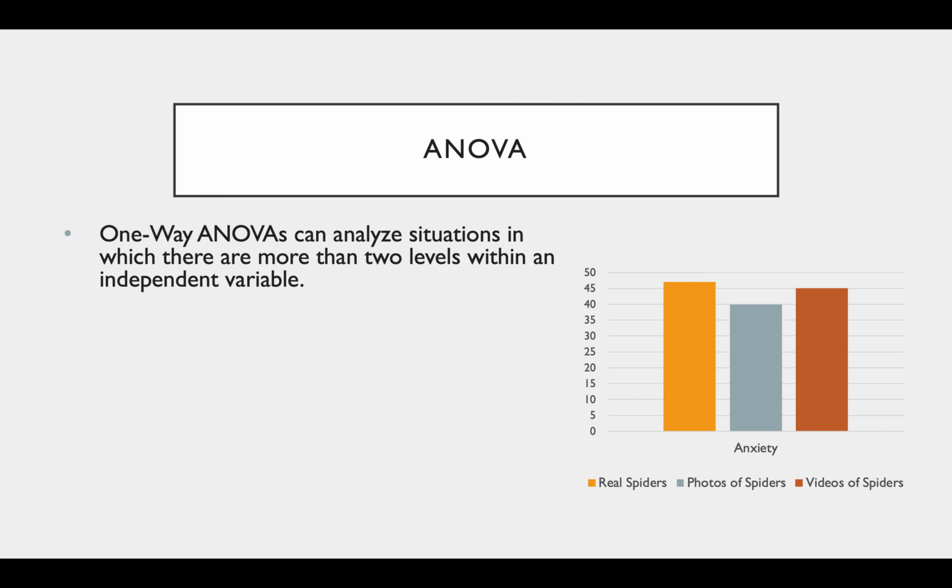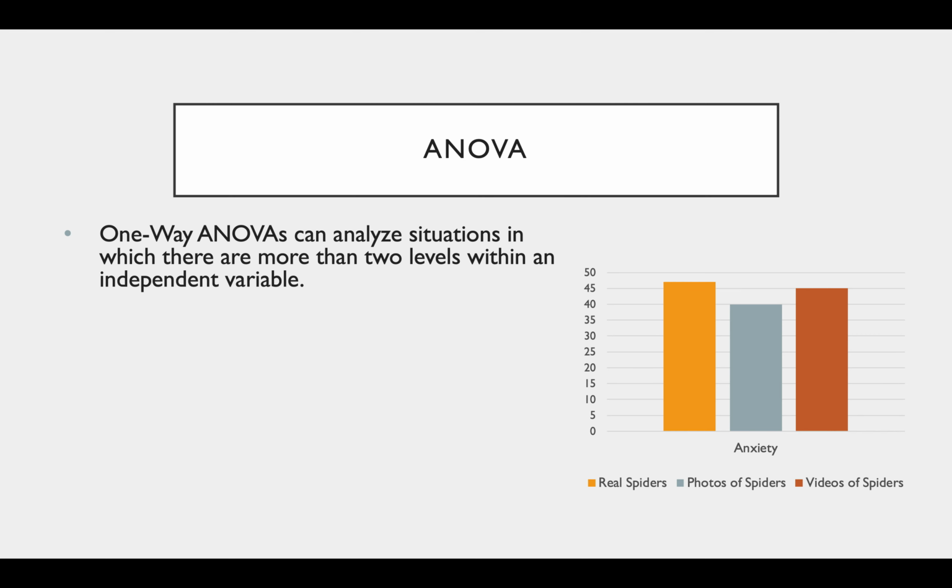Okay, so first of all, let's refresh what we know about what we can think of as regular ANOVAs, or what's more formally called one-way ANOVAs. One-way ANOVAs are used when we have more than two levels of an independent variable, and the independent variable is categorical, right?